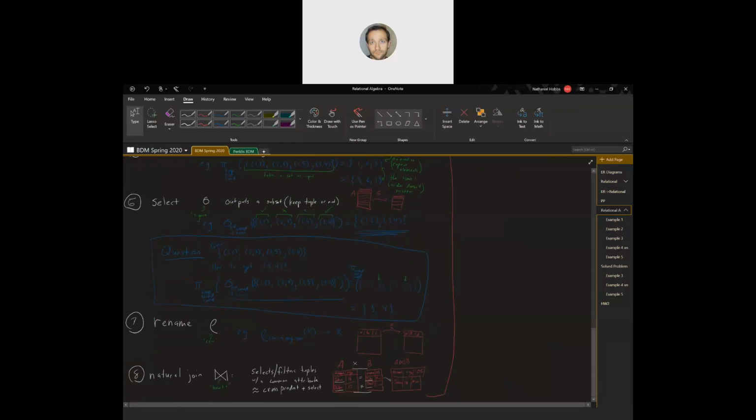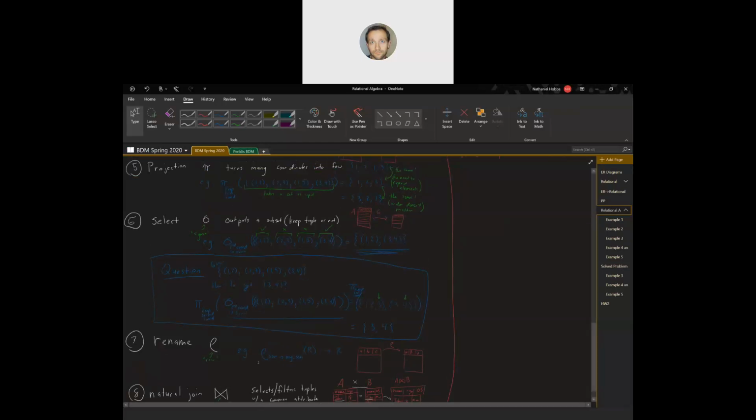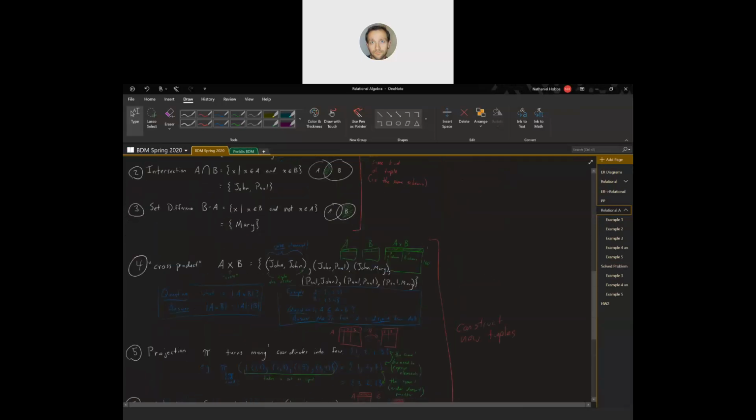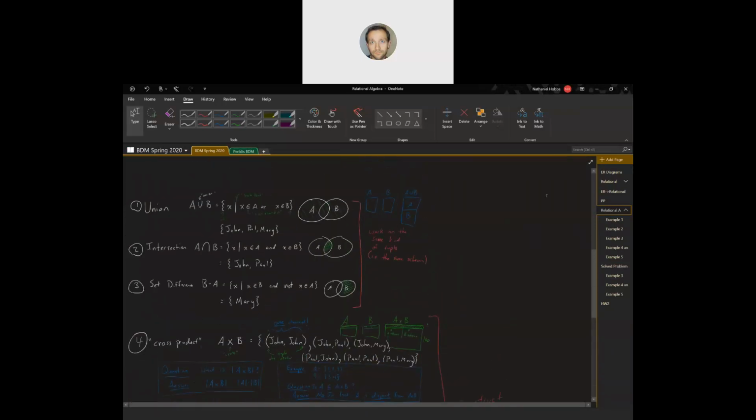But because I'm also teaching this natural join, when we're going through these examples, I will always try to give both, but I would prefer if you tried to avoid the natural join for now. So these will be the things that we'll be making use of for these examples.